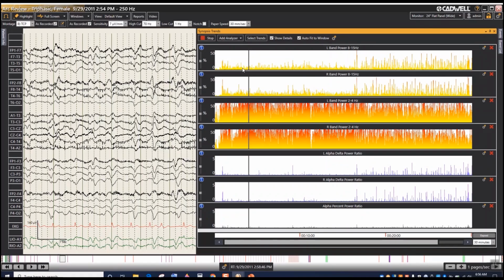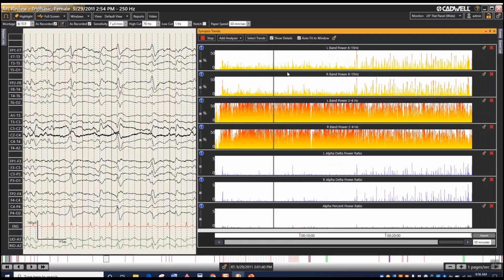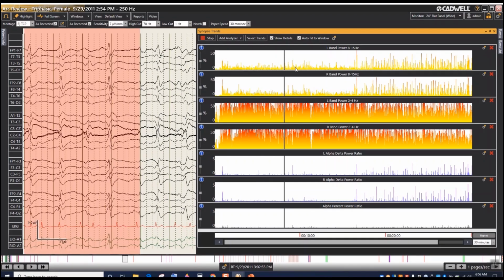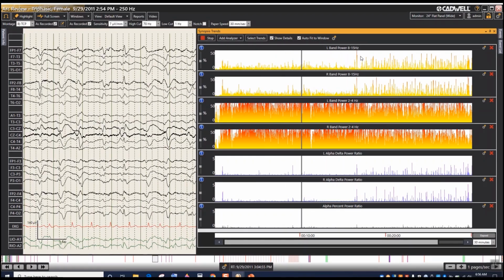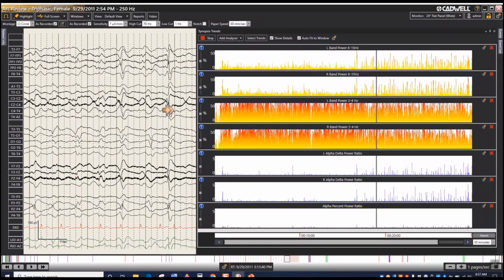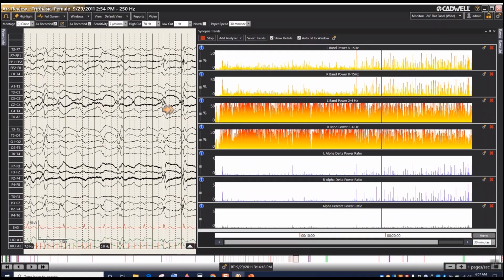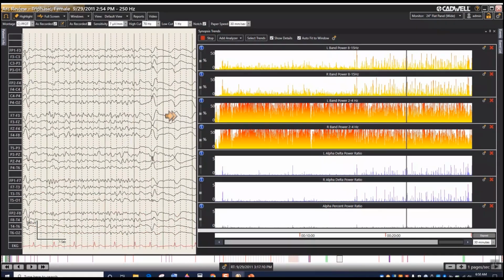So I'm just going to click on this, and you can see that this is primarily triphasic waves at the beginning of the study. And over here where the alpha activity picks up a little bit, we still see triphasic waves, but you see the entrance of alpha range activity in the study periodically. But I think it's interesting that this is something that you can see.